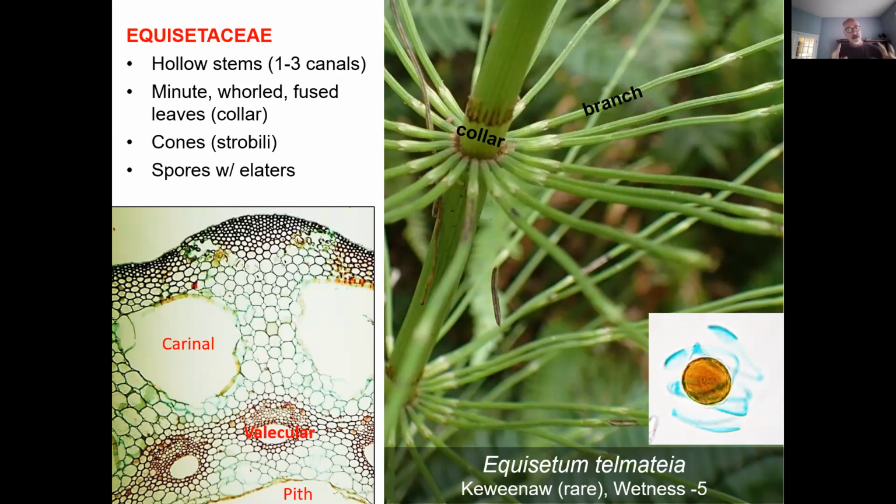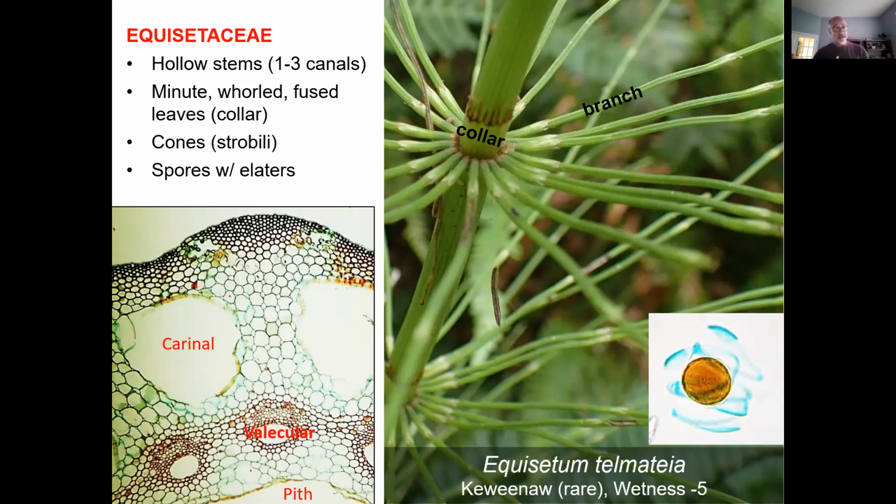And there's often a series of canals within the cortex known as the carinal canals. But the point is, of course, the group has a lot of canals. The canals are pretty obvious. They facilitate gas exchange, particularly in habitats where the underground rhizome system is perpetually submerged, because the rhizome system also has those canals. So a way of getting air down there.